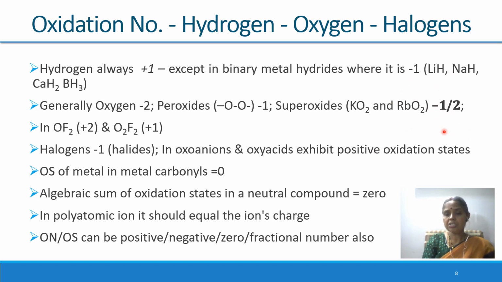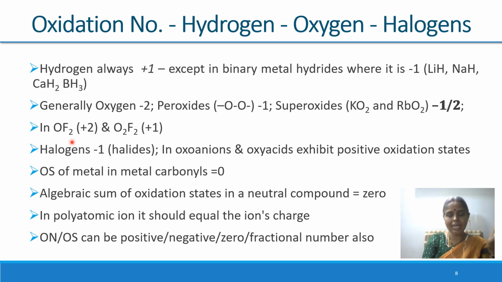Look here, oxidation number can be positive, negative, 0 or a fractional number. Oxidation state can be positive, it can be negative, it can be 0, it can be a fractional number also. So this is the case where oxygen has a negative fractional number as its oxidation state. In OF2, fluorine is always minus 1.